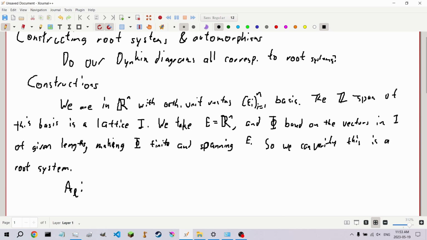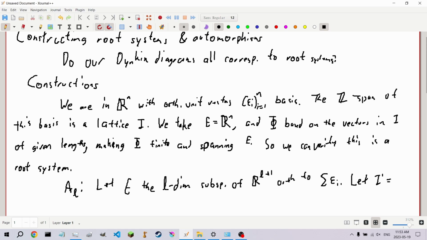So first off, A_L, where L has to be at least 1. So let E be the L-dimensional subspace of R to the L plus 1 orthogonal to the sum of all of our basis elements.